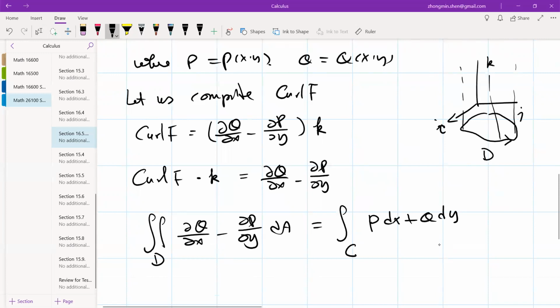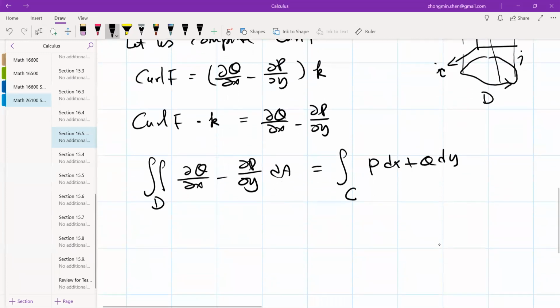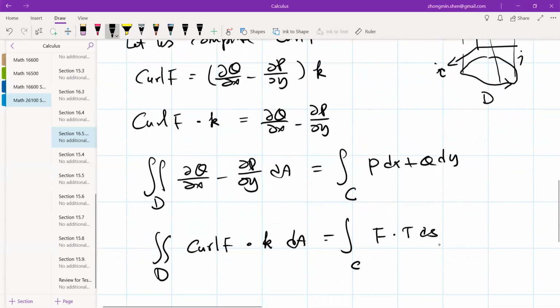So we're going to write this formula in a slightly different way. Here, I'm going to simply write curl of F dot k dA, and on this side, just the vector field F dot T ds.